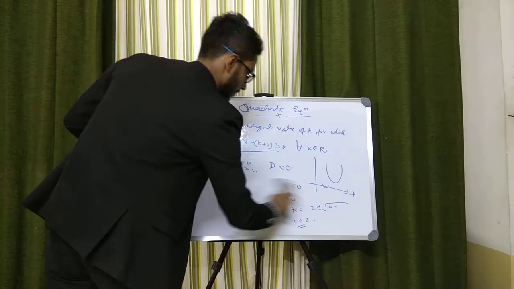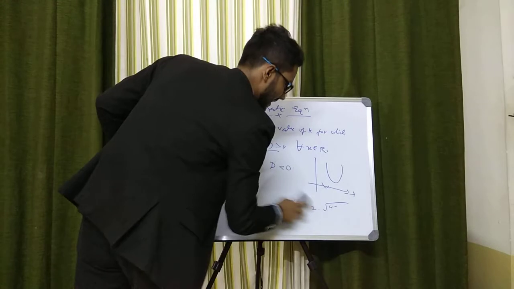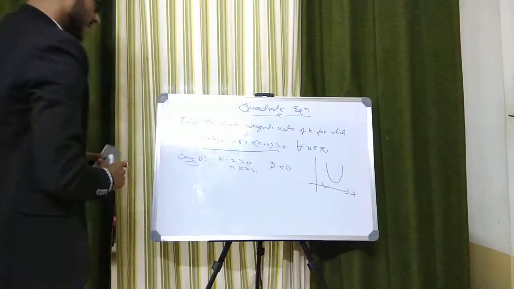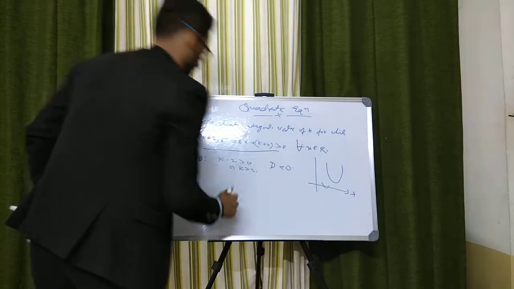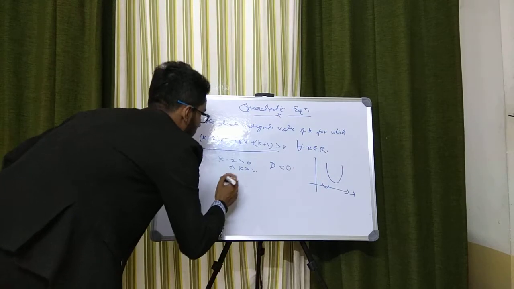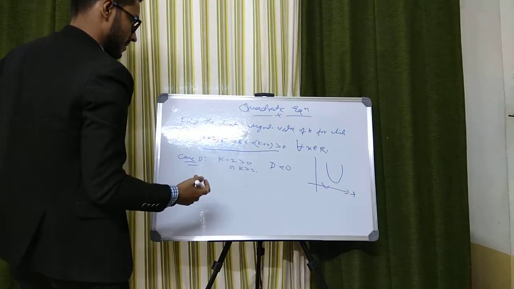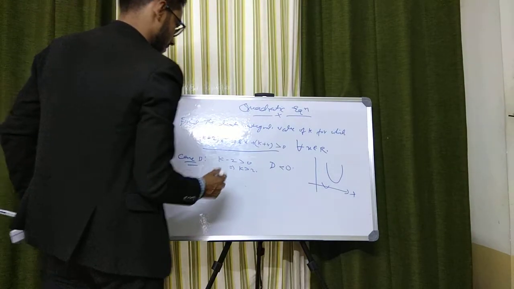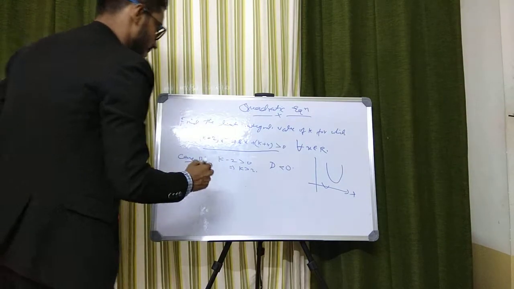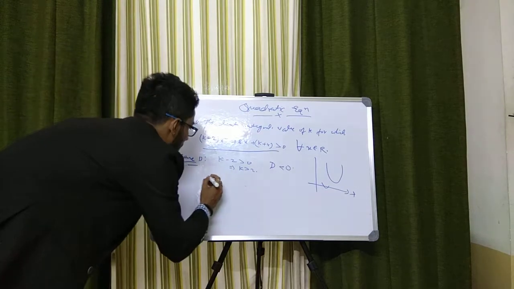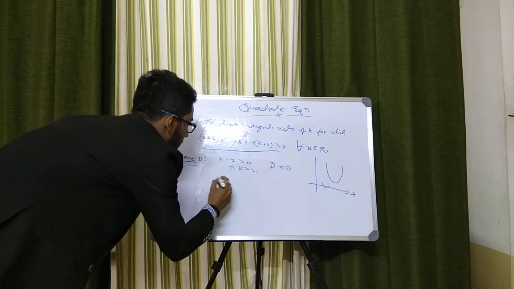So what will we do, I think I might have noted down the question wrongly. Okay, so k has to be greater than 2. So if you take k greater than 2, that has to be greater than 0. Okay, now coming back to it, so D has to be less than 0.